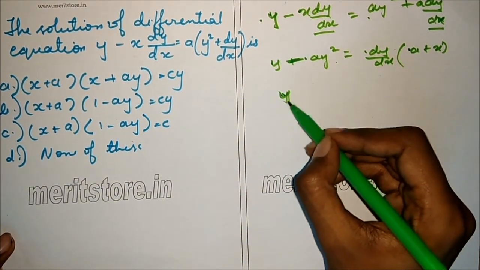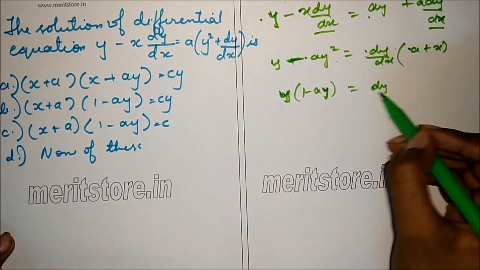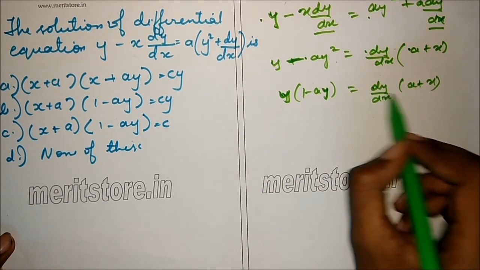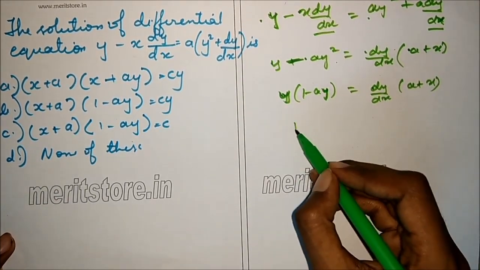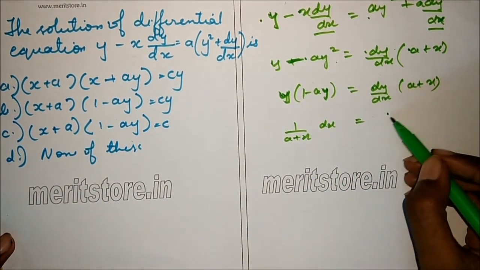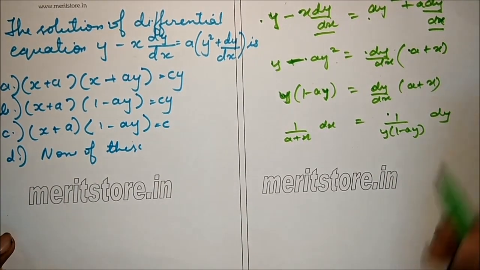Taking y common here, so this will be 1 minus a into y is equal to dy by dx a plus x. So separating the x and y terms, we'll get 1 by a plus x dx is equal to 1 by y into 1 minus ay into dy.